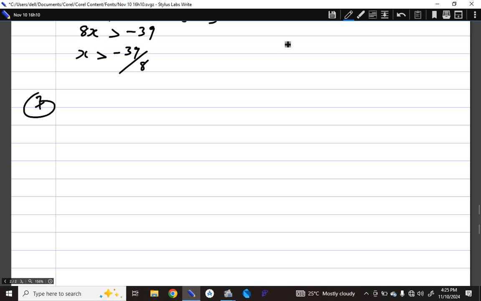For question number 7, I have minus 4 in bracket of 3 minus 2x is less than or equal to minus in bracket of x plus 20. Let us clear the brackets.